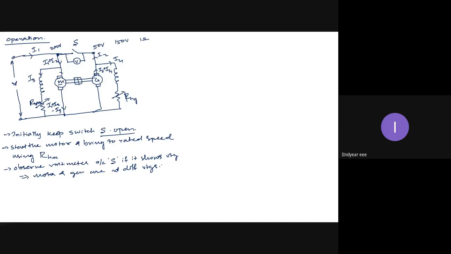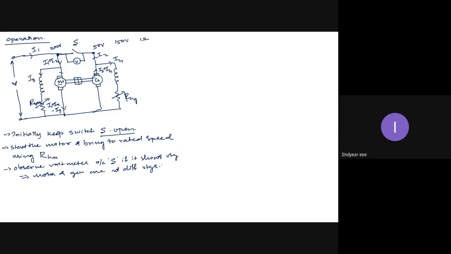But when I have to connect this motor and generator in parallel, both voltages must be equal. So it is not a passive circuit. In a passive circuit, as I go on adding things in parallel, automatically the voltage will become equal to the source voltage. But this is not a passive circuit. Both are active circuits, both are active devices.